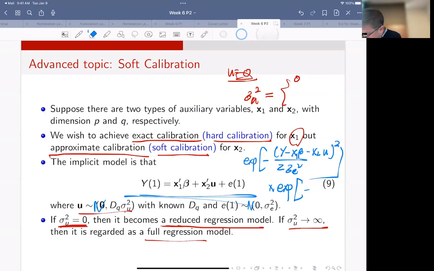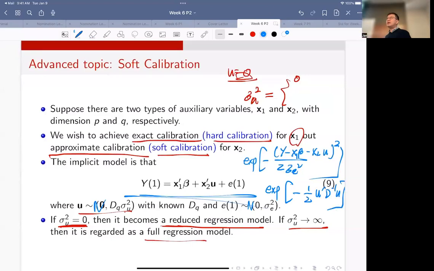You have a random effect, I mean, randomness here, sigma u square. Suppose this is I, then you have this. Otherwise you will have something like u prime T inverse u.